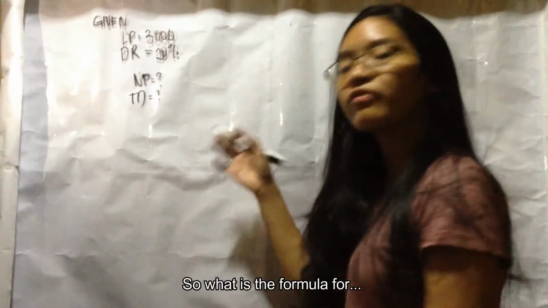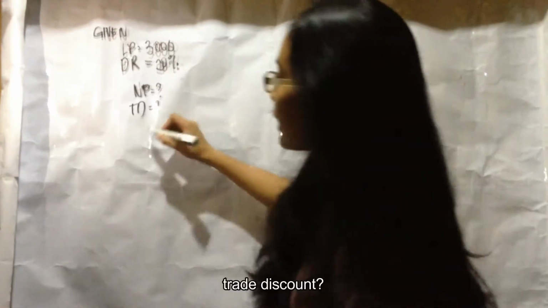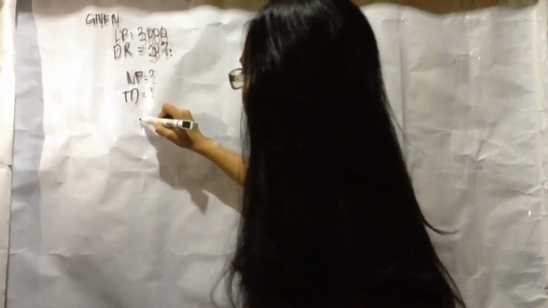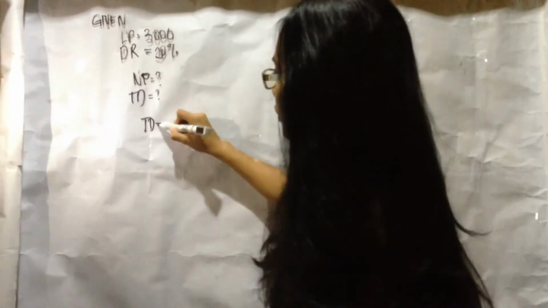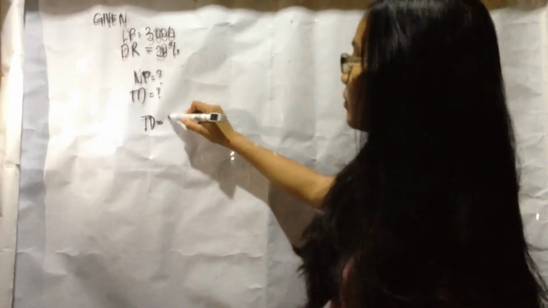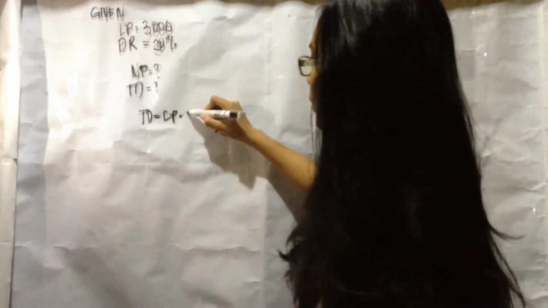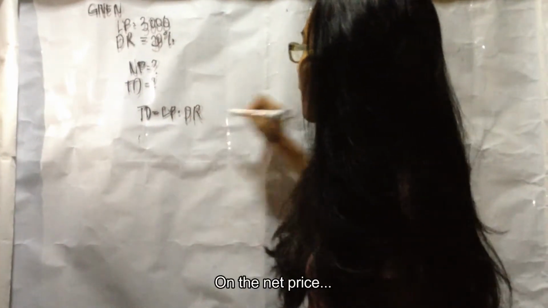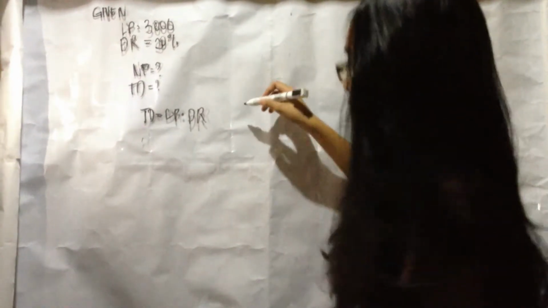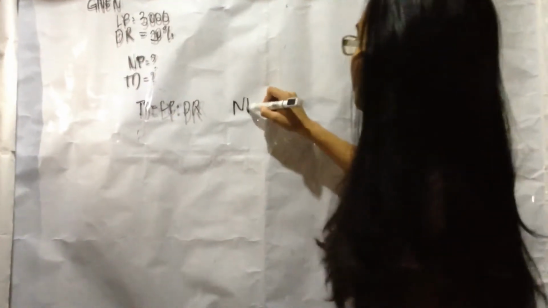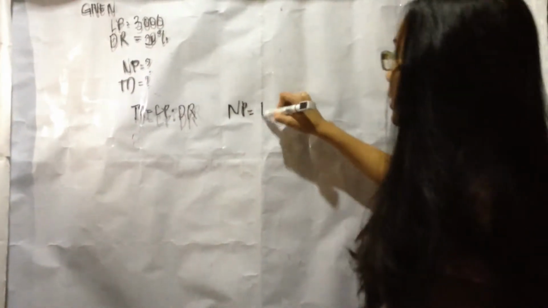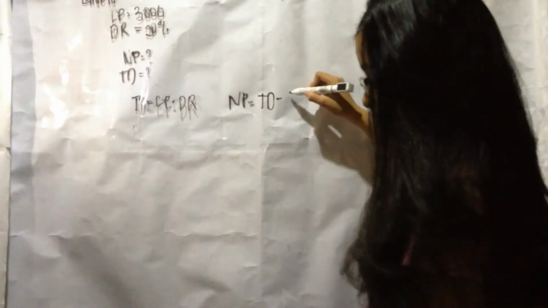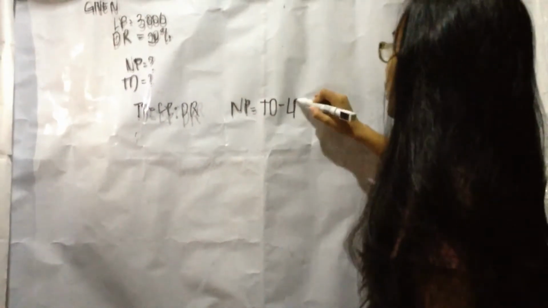So, ano nga ba ang formula ng trade discount? TD equals LP times DR. Then, sa net price naman, ang formula niya is net price is equals to LP minus TD.